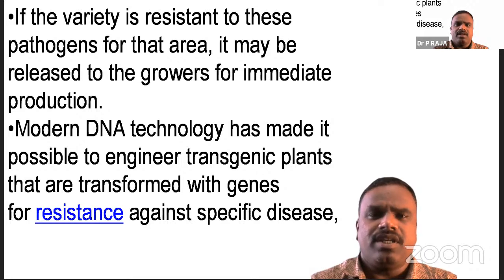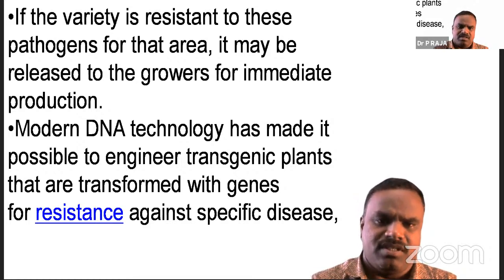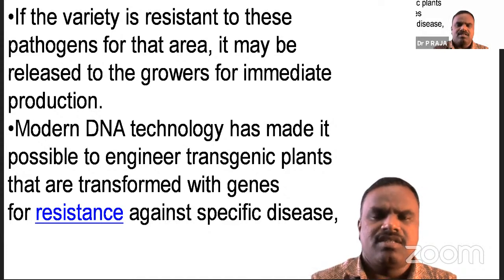And then you can even use modern DNA technology, which makes it easy to engineer the resistant gene and introduce it into the species. It is more practiced or applicable in medicinal plants. All this gene technology, DNA resistance, we can say transgenic crops, or RNA mediated resistance.